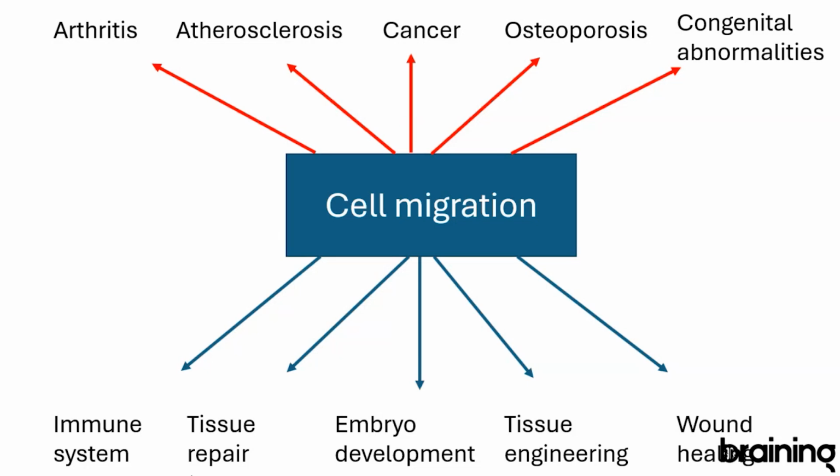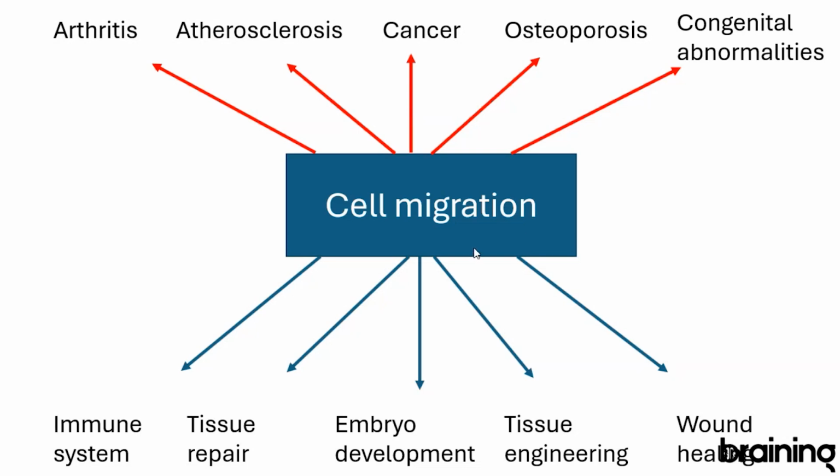Tissue repair is also based on cell migration. Embryo development, where the cells move in groups to certain places in the embryo in order to get certain parts of the body developed. And also wound healing, which is based on cell migration. I will show examples of this kind of cell migration on the next slide.